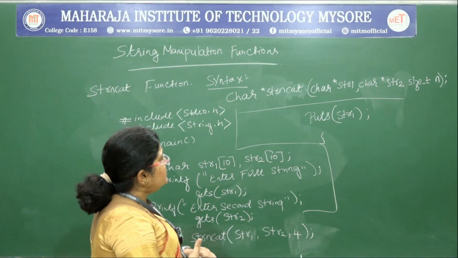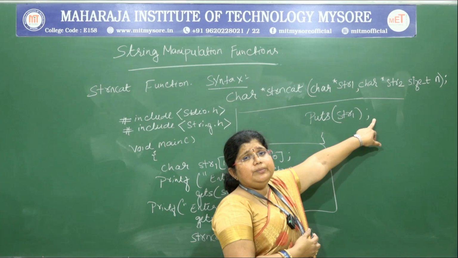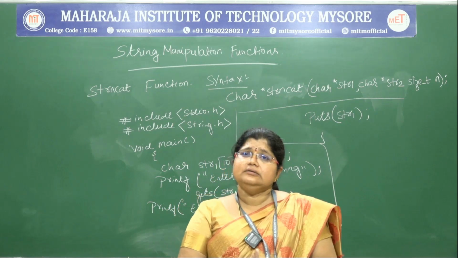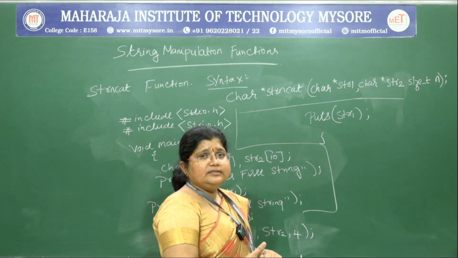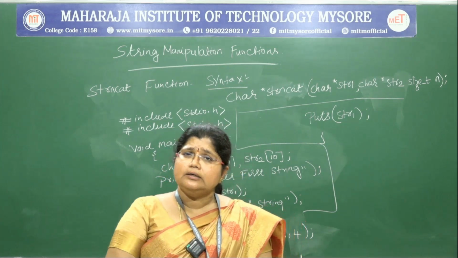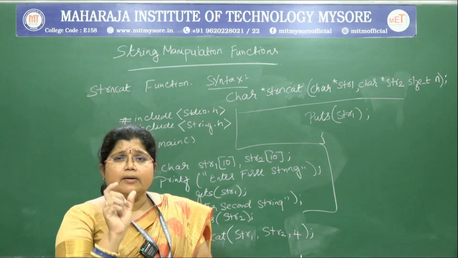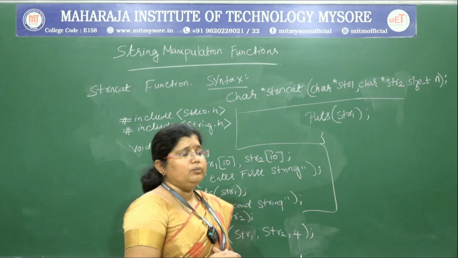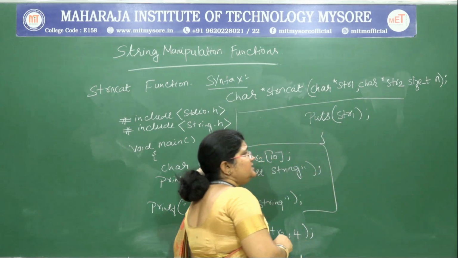In the syntax you can see that the pointed string 2 is appended to string 1 by overwriting the null character of string 1. But the entire string 2 is not copied into string 1. Only the number of characters which is defined is going to be appended to string 1. That is the size, which is specified here as n.